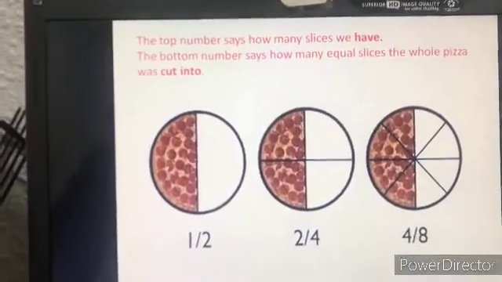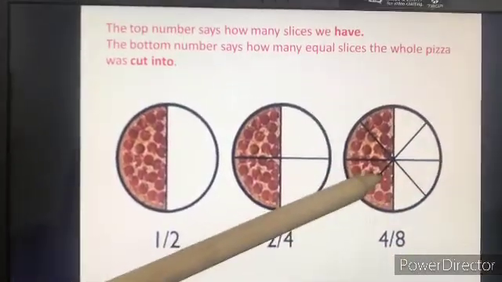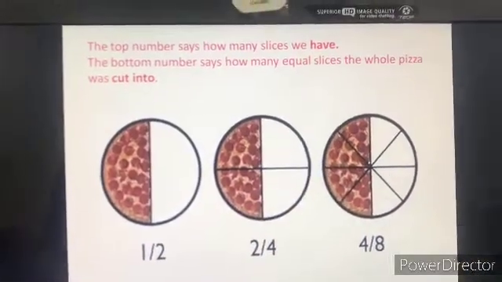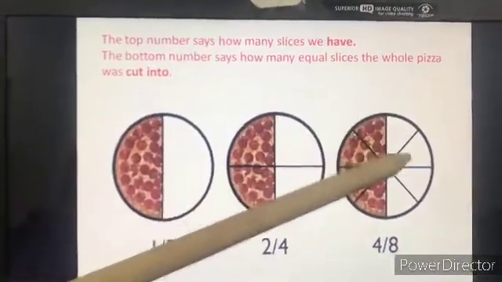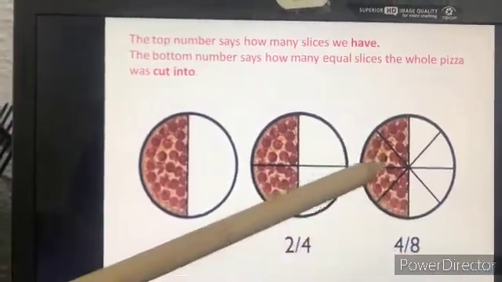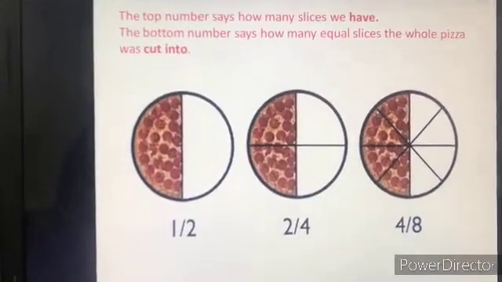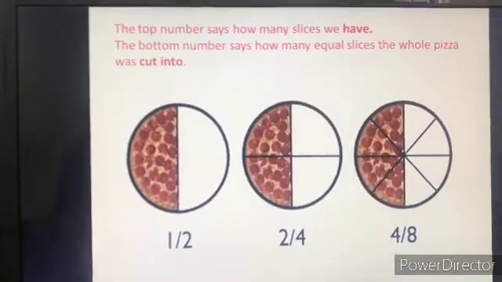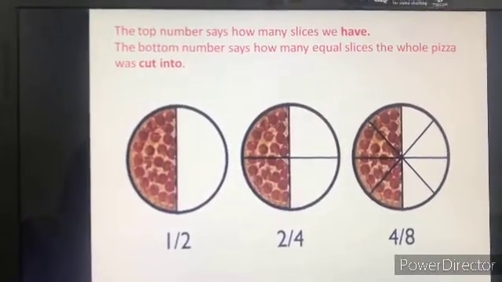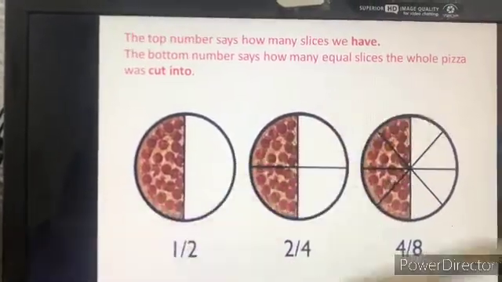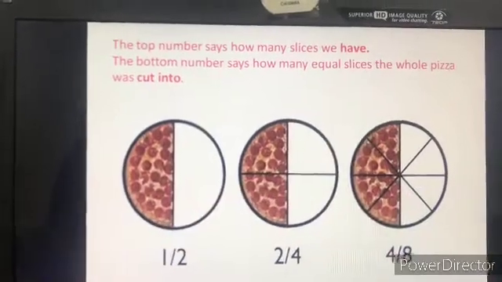Excellent. Let's have another example. See, the same pizza is divided among 8 students. See, 1, 2, 3, 4, 5, 6, 7, 8. Now the teacher wants to know how many students ate the pizza and how many are left. Let's see. 1, 2, 3, 4. 4 students ate the pizza and 4 are still left.